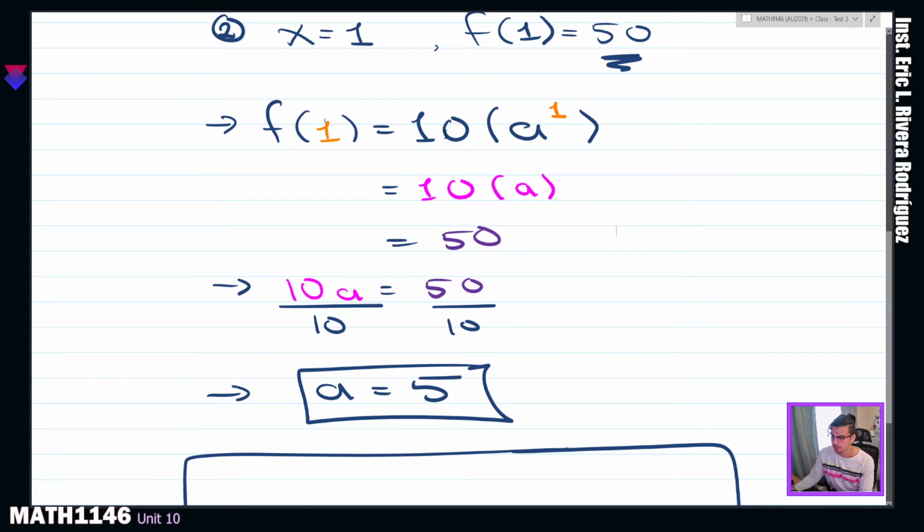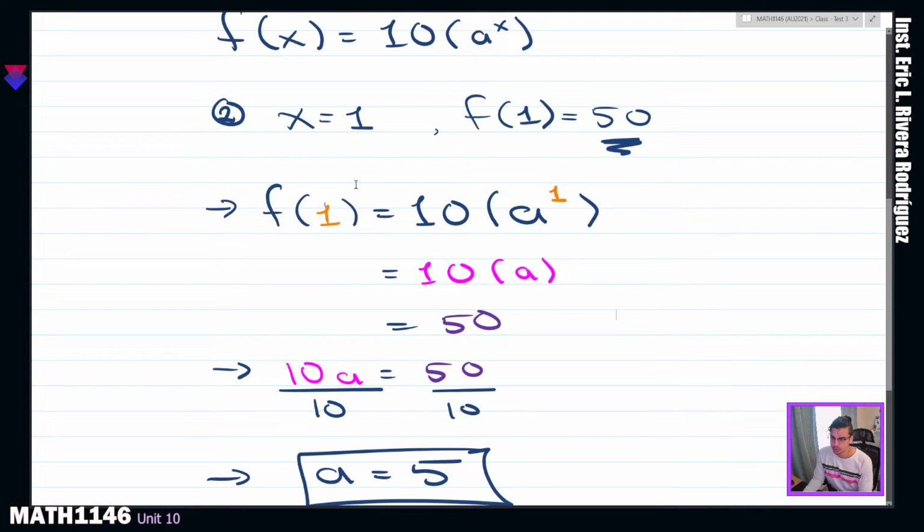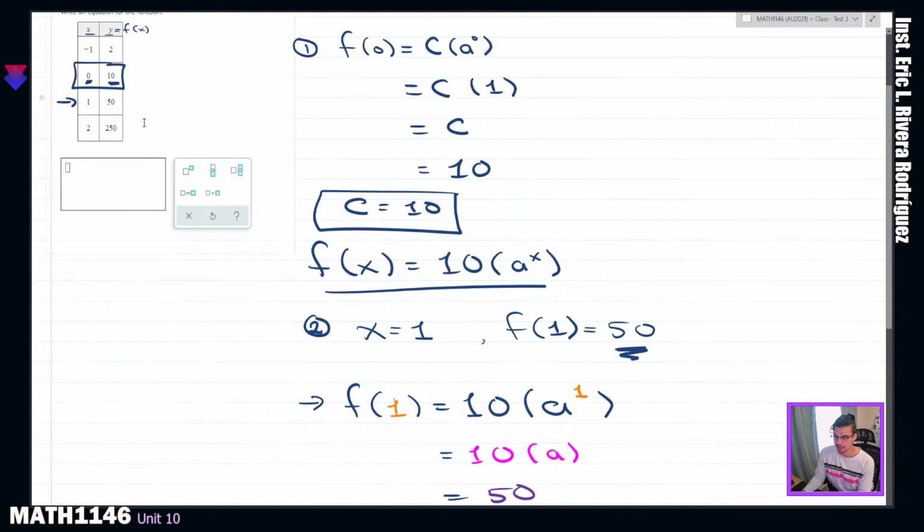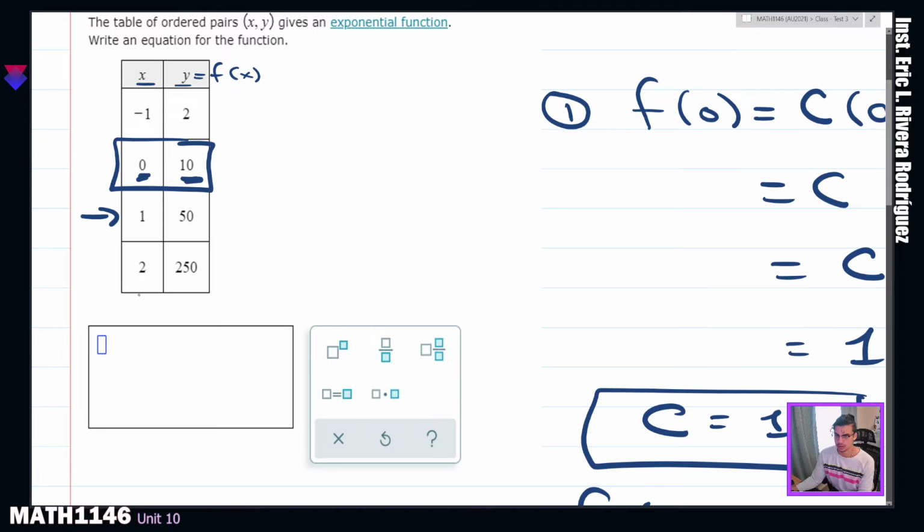So when I substitute in what I got from step number 1, the value of 1 into x, I got 10 times a. From the information that the exercise gave to me, which is when x is equal 1, the y value is equal to 50. So that means that f of 1 is equal to 50.